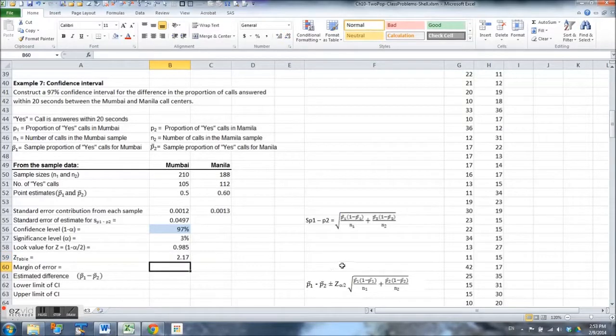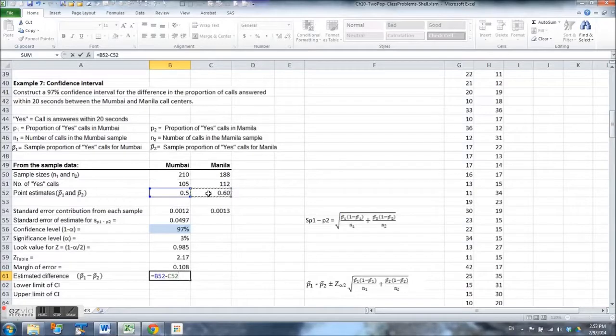The margin of error is the z-table value times the standard error that we just computed a couple of minutes ago. So z times the standard error gives us the margin of error. Now we need P bar sub 1 minus P bar sub 2, the first part. So here is P bar sub 1 minus P bar sub 2.